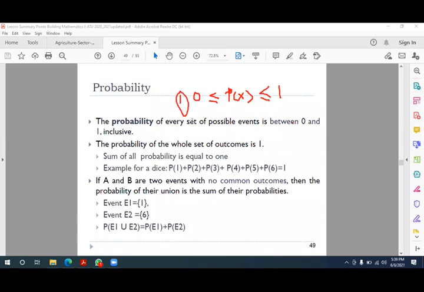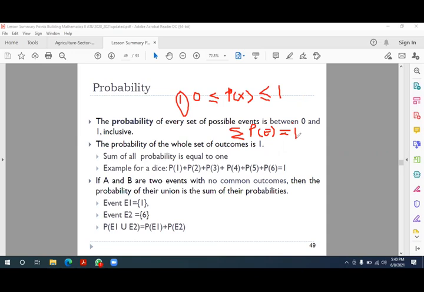Axiom 1. Then property 2, that the sum of all probabilities, we'll see that later in the slide. So the sum of all probabilities of the various mutually exclusive events in the sample space, or from the experiment, is always equal to what? 1. When we add up all the probabilities, we are going to get what? 1.